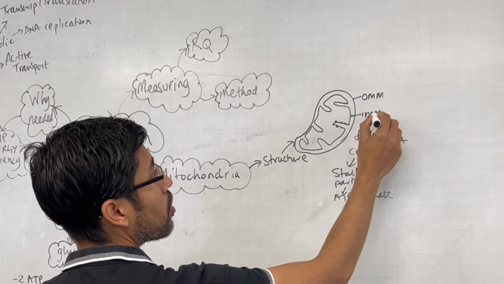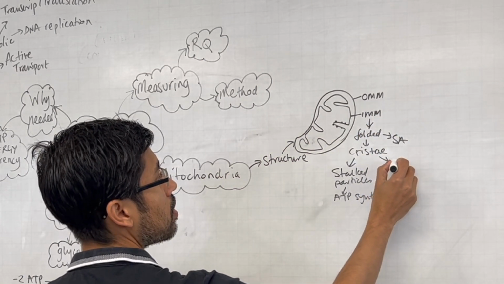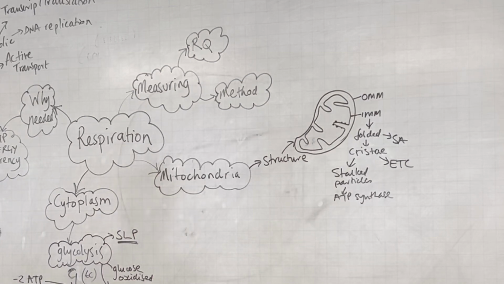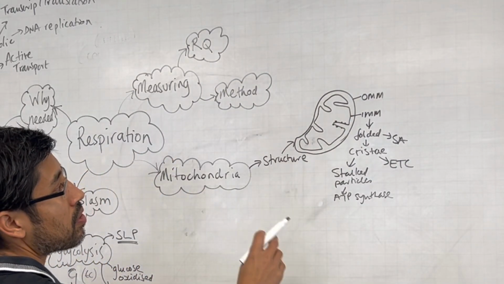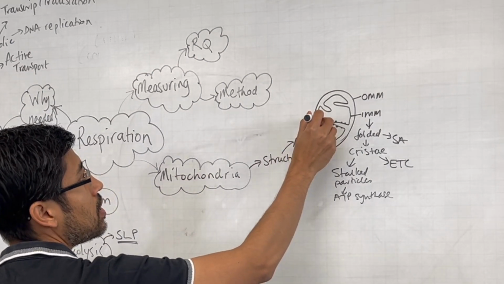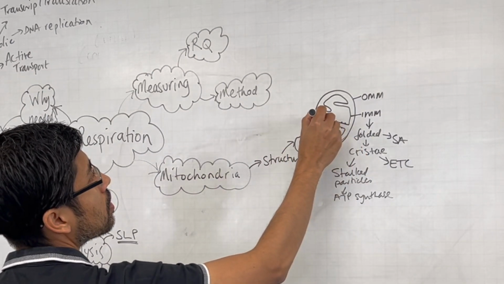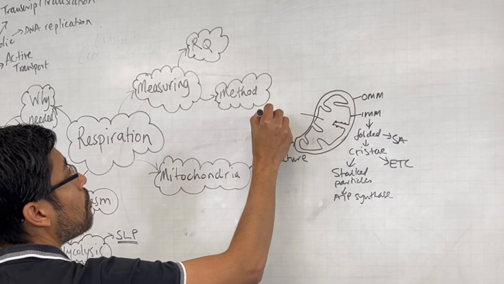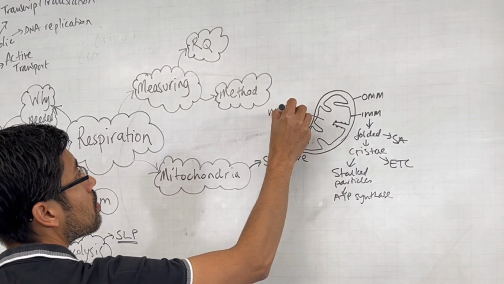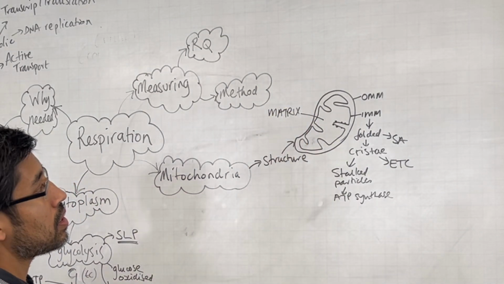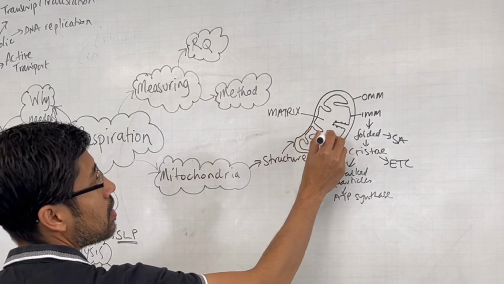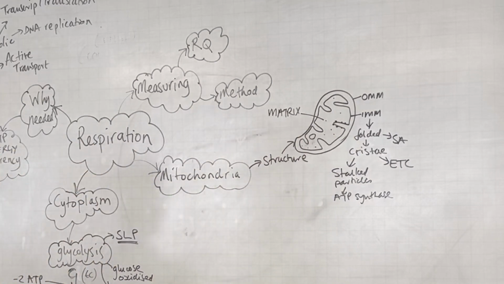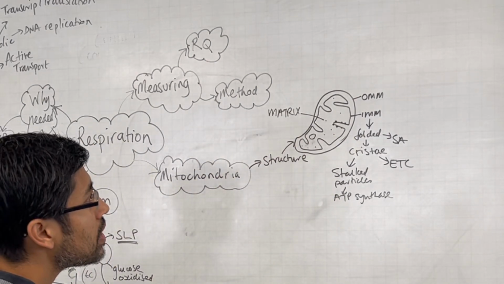The inner membrane, the cristae, also has the electron carrier proteins that form the electron transport chain, so those are important. And in the middle, the fluidic substance in the middle, that is our mitochondrial matrix. And there will be circular DNA, there will be ribosomes around, and that is it, really.